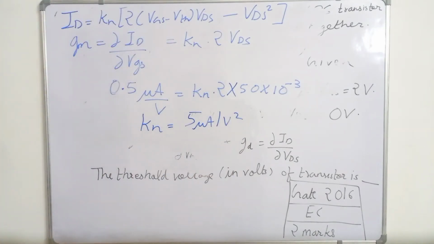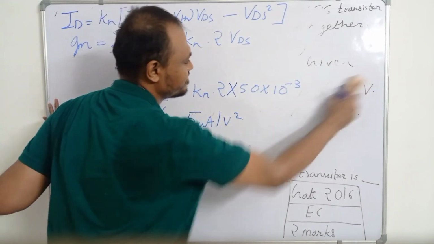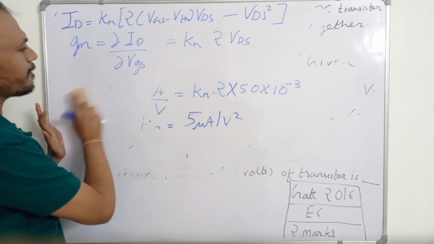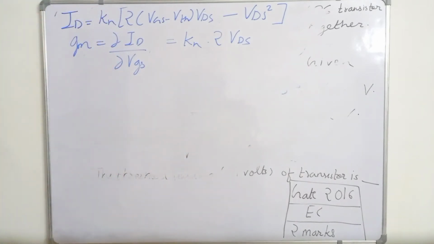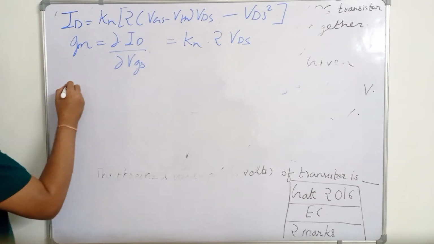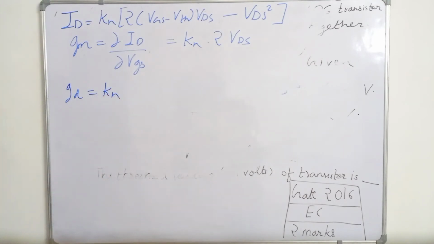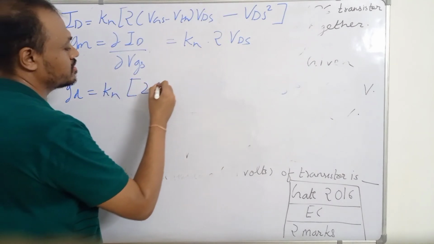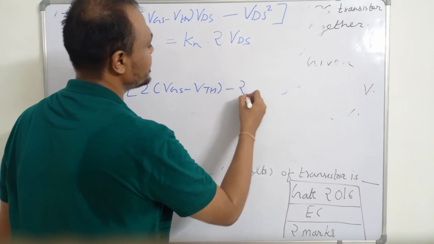Now let's find GD. GD is given as delta ID upon delta VDS. If we find GD, this will be equal to Kn, which is outside, times twice of VGS minus VTH, minus 2 VDS.